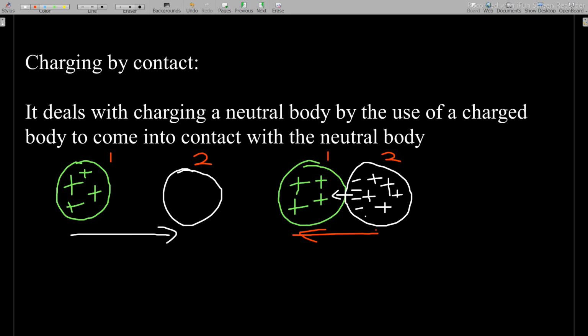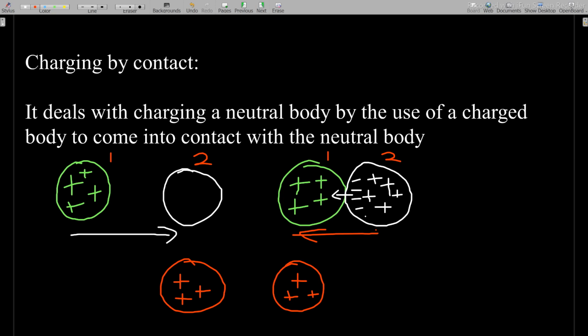After I separate them, body 1 is still positively charged, but the number of positives will reduce because some of them get neutralized by the transfer of electrons from the second body to the first body. Body 2 will now have excess positive charges because of the deficiency in electrons after the contact.